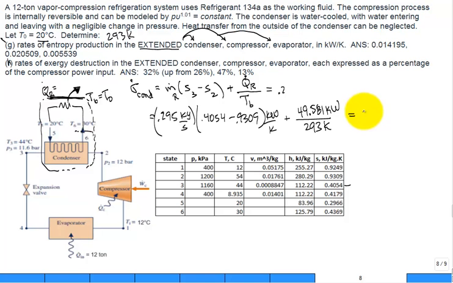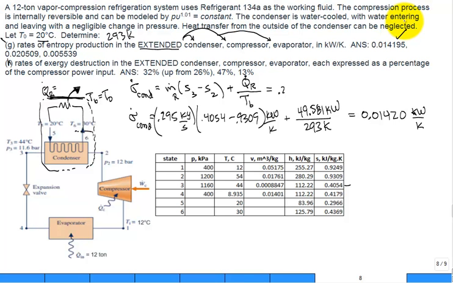So this comes in at 0.01420 kilowatts per Kelvin. All right, so that's our extended for the condenser. That's a bingo right there.